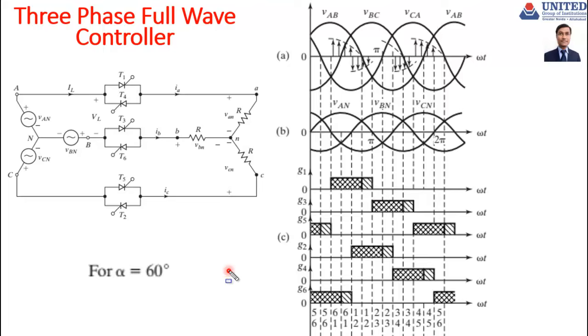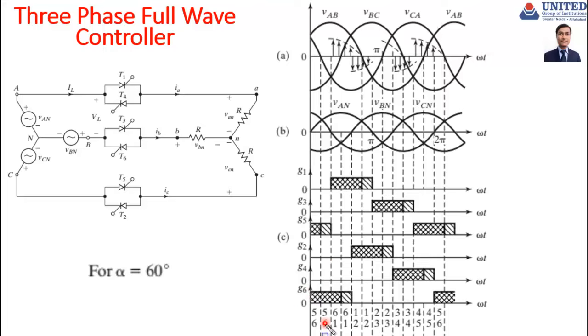Similarly, we see the other gate pulses: for thyristor T3, G3, for thyristor T5, G5, for thyristor T2, G2, for thyristor T4, G4, and for thyristor T6, G6.